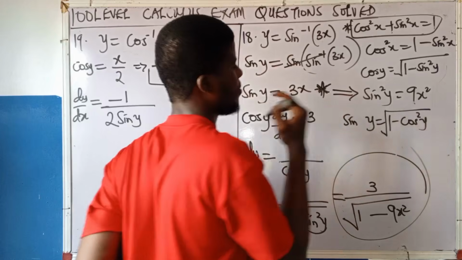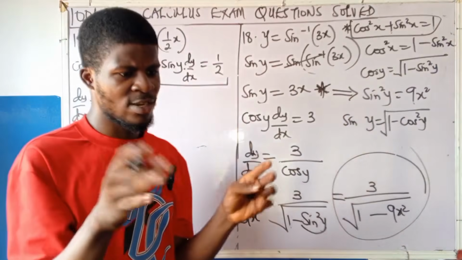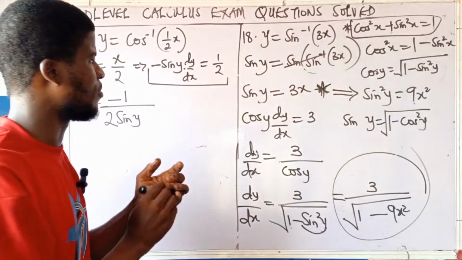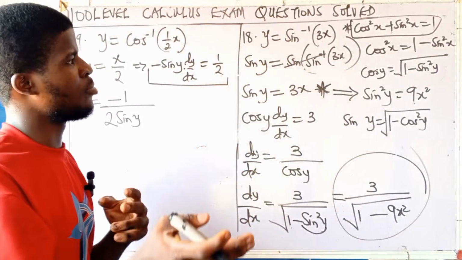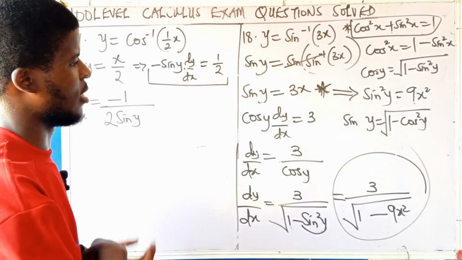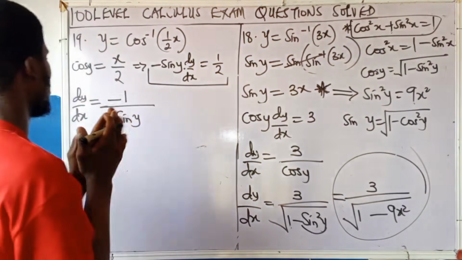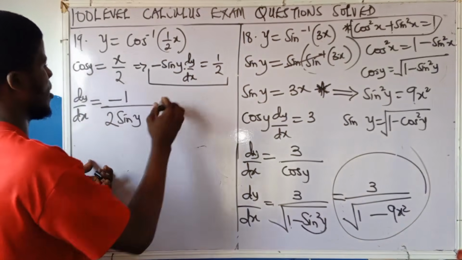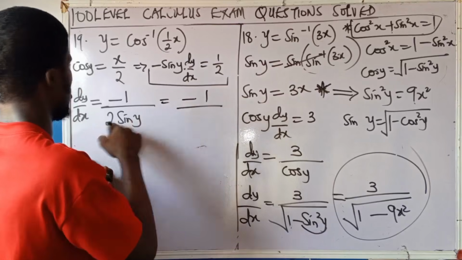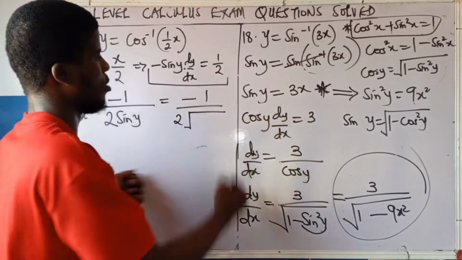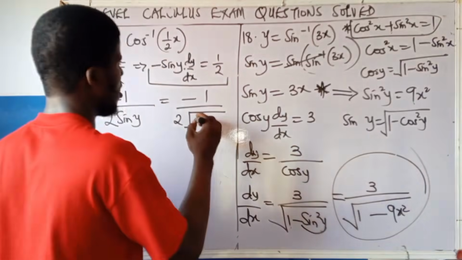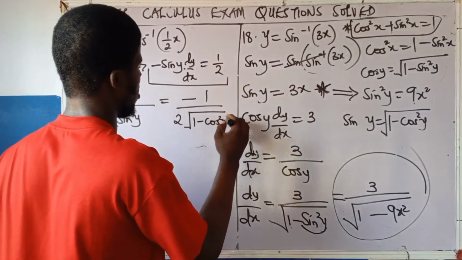I hope you understand what is trying to happen here. I'm just doing algebra, trigonometry, and calculus together. So in place of sine y, I'll write the square root of 1 minus cos squared y.